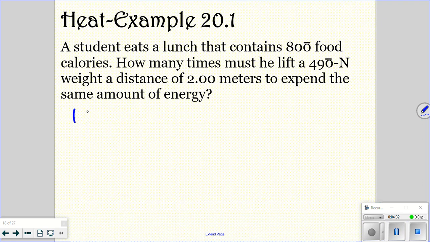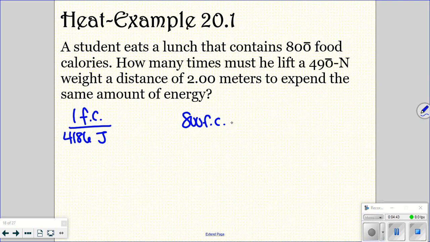1 food calorie is the same as 4,186 joules. So they give us 800 food calories, and we need to multiply it so that we get it in terms of joules. So this is the unit multiplier we're going to use, except we're going to have to use the reciprocal of it because the food calories needs to be able to cancel out.